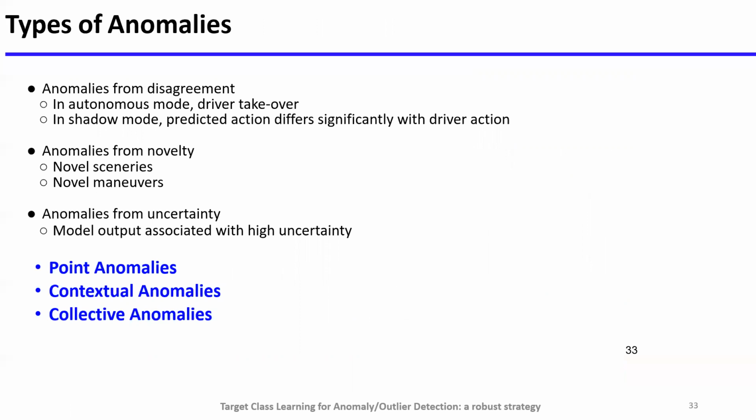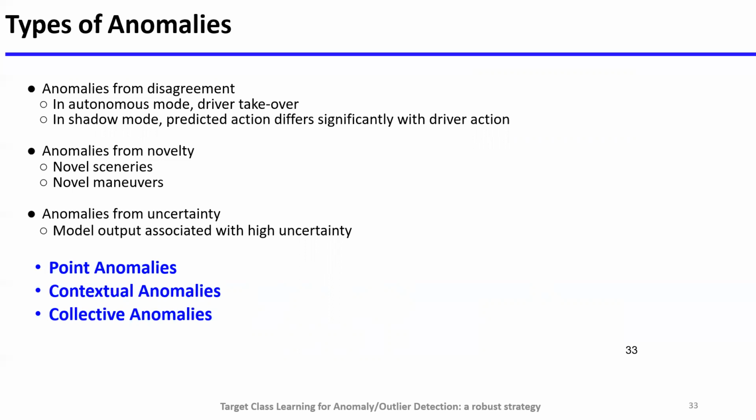Anomalies can be very much subjective. For example, sometimes the anomalies are nothing but novelties. So how do we understand that a particular anomaly is a kind of novelty? Because if we are considering it as a novelty, then it is our responsibility to adapt to that situation.